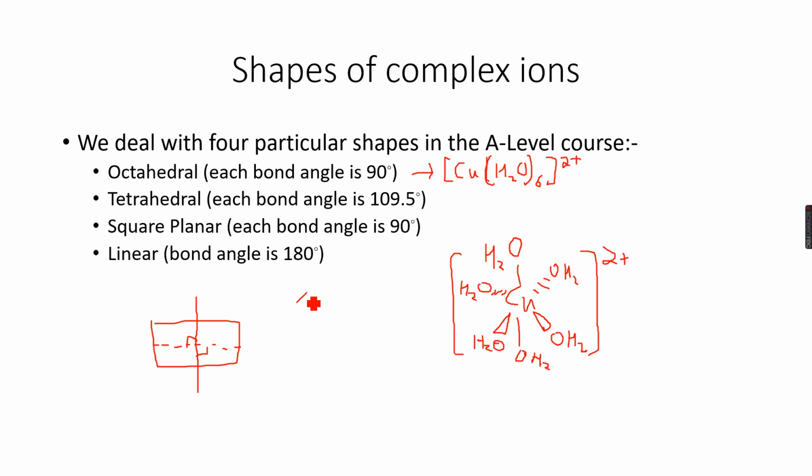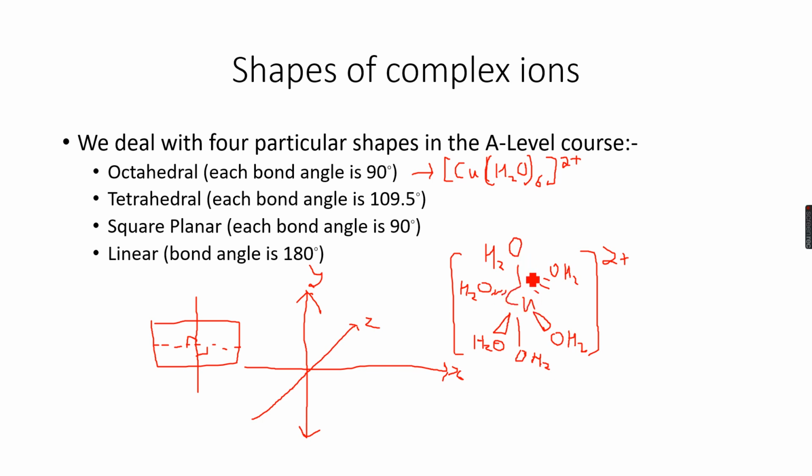So if I make a graph, if I make an axis, I mean. Yeah, so I have Y, I have X, I have Z. Okay, so if this is in my Y plane, this is in my X plane, so 90 degrees.